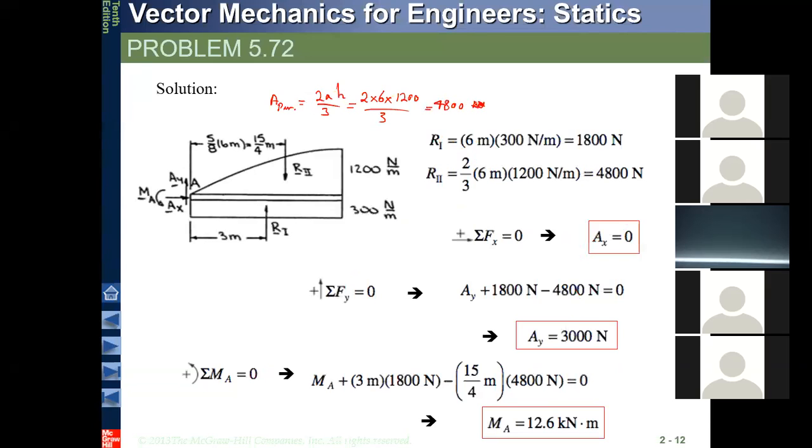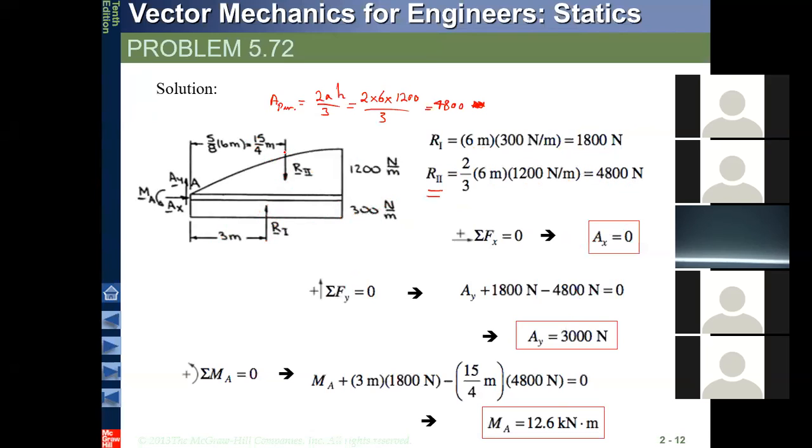Well, I wrote the area, but this is actually a load, so it has the units of load. So R2, which is the resultant force of the parabola, is going to be 4,800, and the resultant force for the constant load acting upward is going to be 1,800. This is a rectangle.